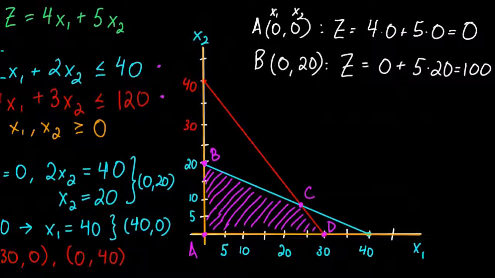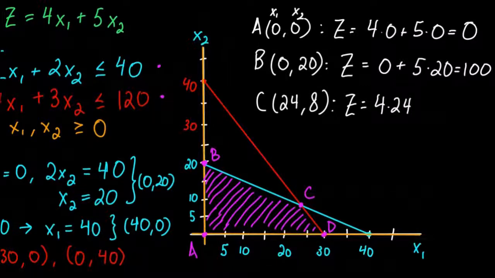So point C, it takes a little bit more work to find the exact point, but if you solve the equations for the red and blue line, you'll get that point C occurs at 24, 8, and so Z equals 4 times 24 plus 5 times 8, which gives 136.